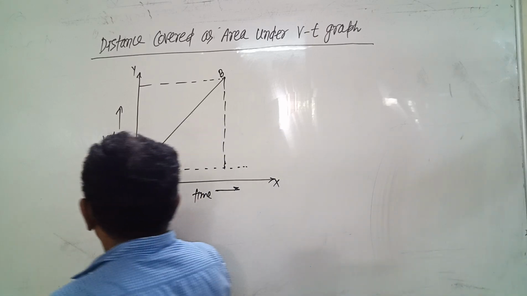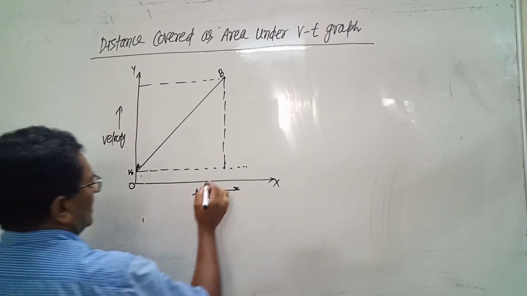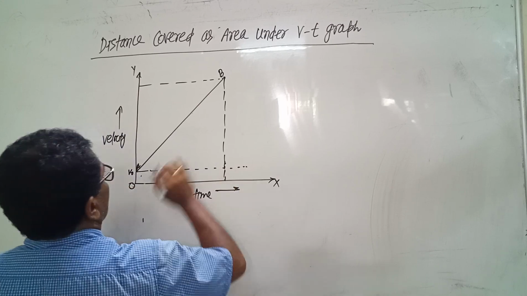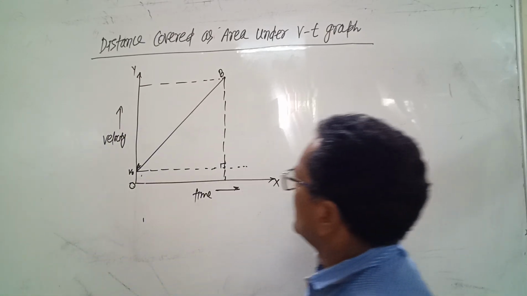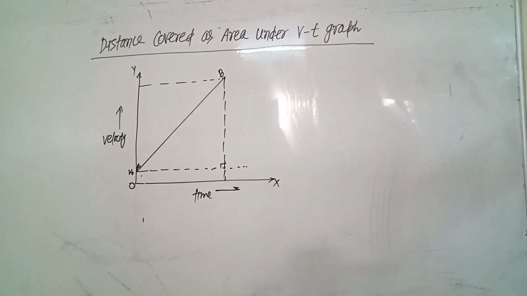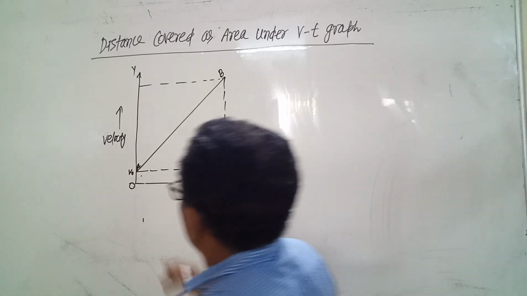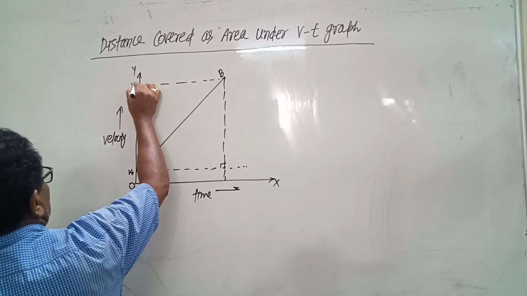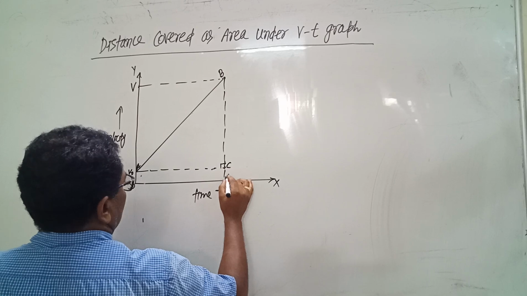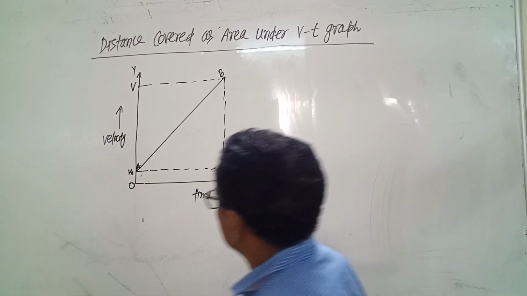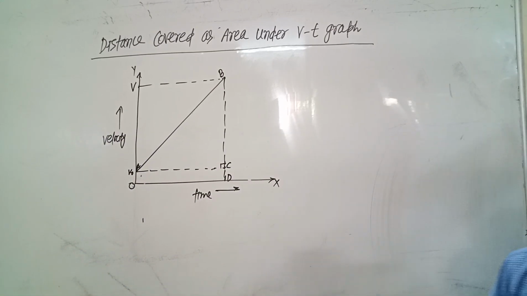This is O. Here at this point, velocity is V. Let it be named C, and this point is represented by D.